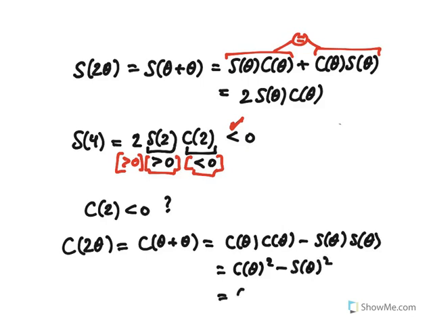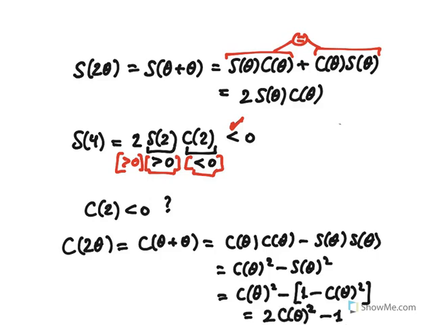And then by the Pythagorean identity, we can replace s of theta squared by 1 minus c of theta squared. Because s squared plus c squared is always equal to 1. So anytime you see s of theta squared, you can always replace it with 1 minus c of theta squared. But then if you simplify that expression, you'll get 2 times c of theta squared minus 1. That's a famous double angle formula for cosine.